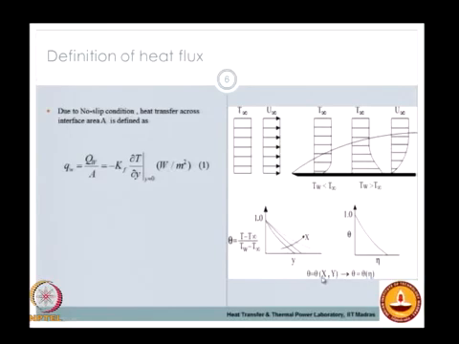So you can transform your dependence on the two coordinates x and y into a single non-dimensional coordinate eta, and therefore whichever axial location you plot, you will find that the variation of theta with respect to eta is the same. This is something very unique to similarity solutions, which we will be looking at later on in this course.